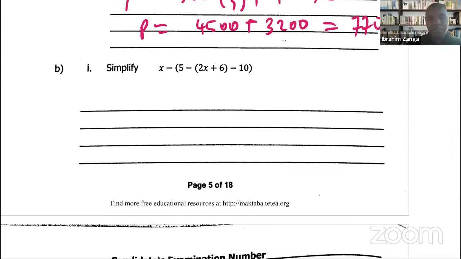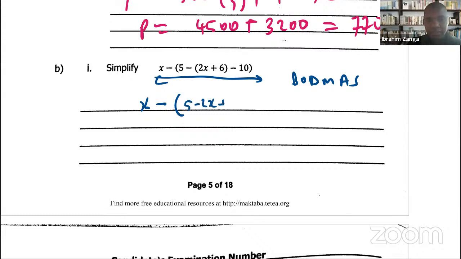simplify. To simplify here, we are going to open the bracket. The important part for this kind of question, of course, is that you observe the BODMAS rules. So we start with the bracket inside. It is x minus, and inside the bracket it is 5 minus 2x plus minus 6, because we open the bracket, minus 10 again.